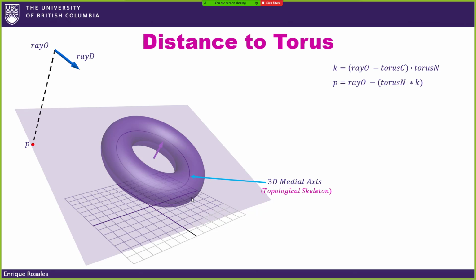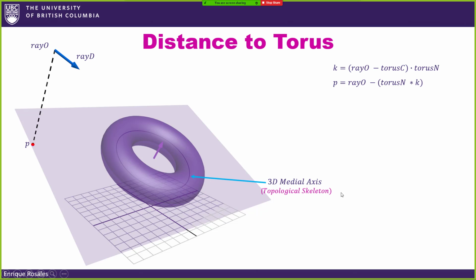It's also known as the topological skeleton. In computer graphics, we always like to have weird names for things like this. Imagine that you take the torus and you decrease the second radius of the torus until you basically have a circle. Well, that is basically the medial axis. And it makes sense to see this as the skeleton of the 3D mesh.